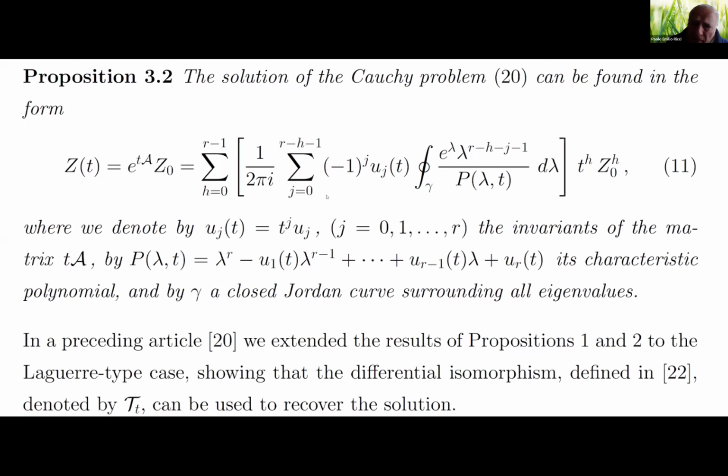It's worth recalling that this contour can be constructed without knowing the eigenvalues. It's sufficient to know a region of the plane in which these eigenvalues are contained, which can be done by using the Gershgorin circle theorem, which is a classical result.